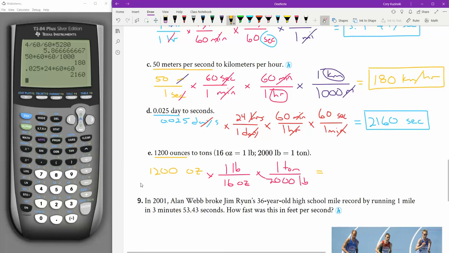So for this, since those numbers are on the bottom, I'm actually doing 1,200 divided by 16 divided by 2,000, which is 0.37, oh, missed a zero, 0.0375 tons. It's not very much.